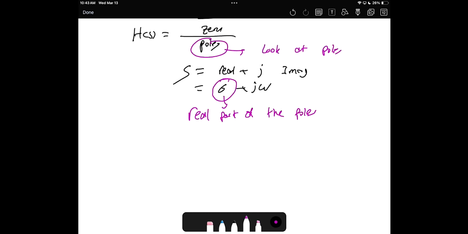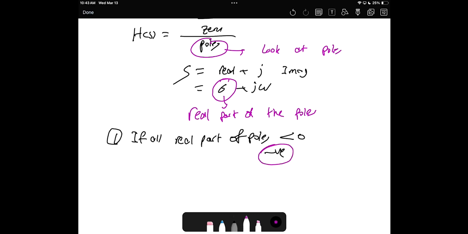Then there are three cases for stability. Number 1: if all real parts of the poles are less than 0, in other words negative, then the system is stable.